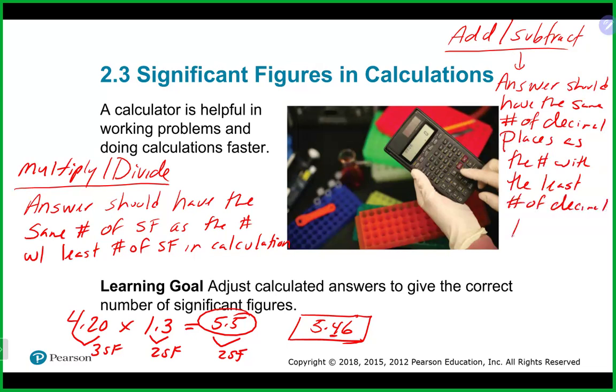So when we add or subtract, we are not looking at significant figures. We are looking at decimal places. It is still the least number of decimal places.